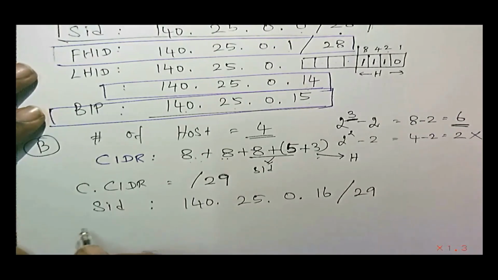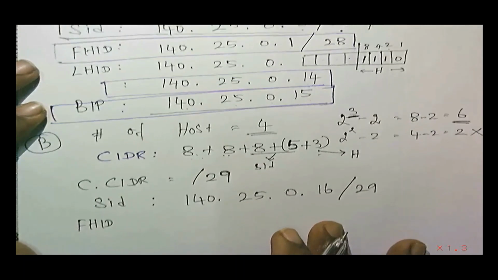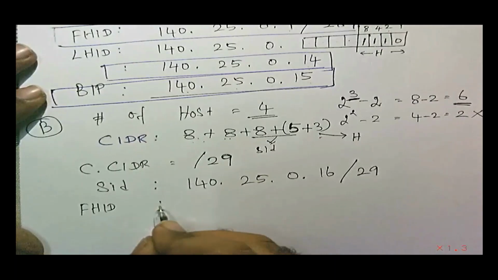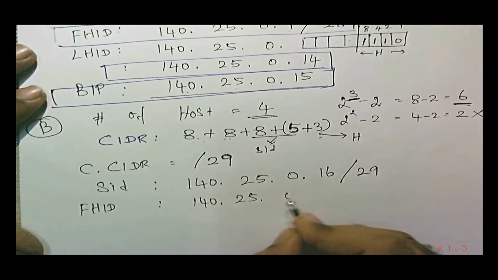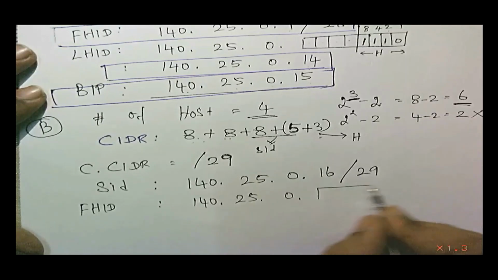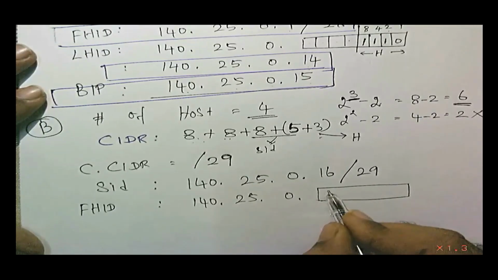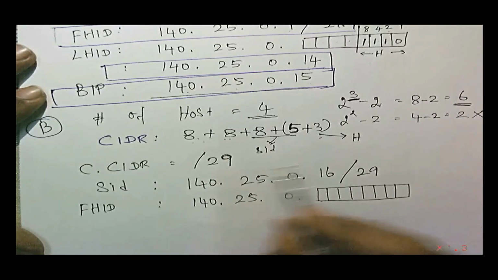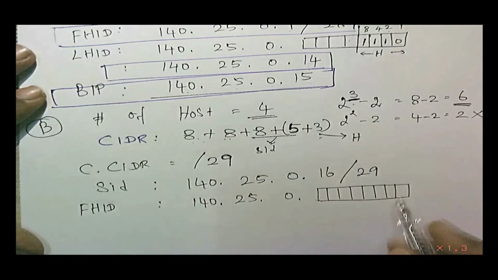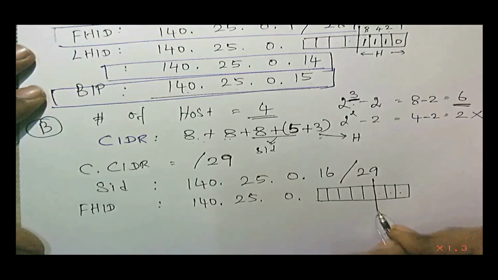Now the first host ID. What does the first host ID mean? I'm taking the last part only, the 8 bits available now. With /29, 3 bits only we are going to use for the host, and the remaining are for the network.